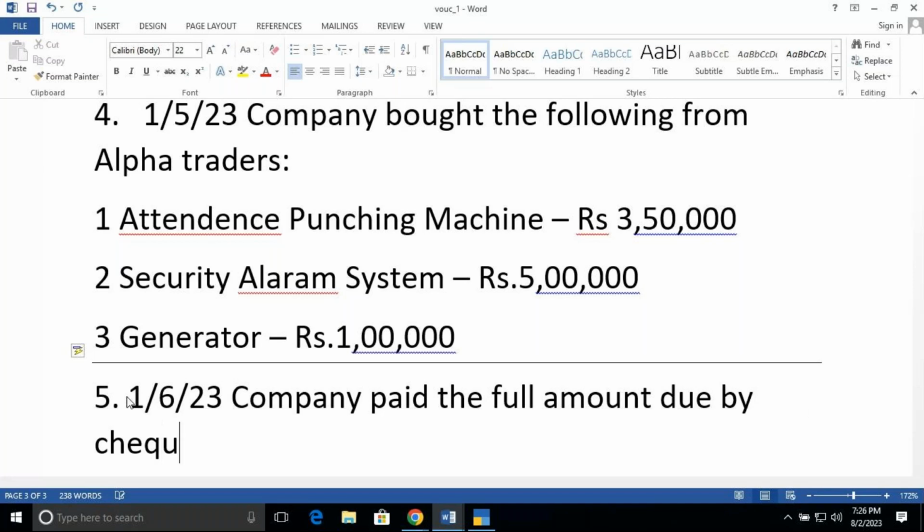So this is the next transaction. How do you go about it? Write the journal entry. Please do that and tell me the journal entry.